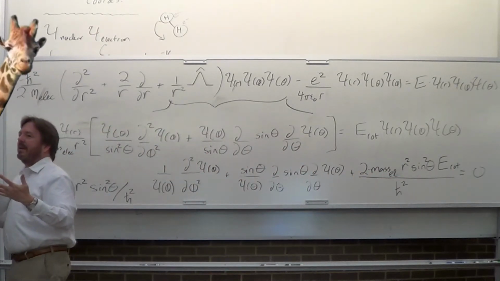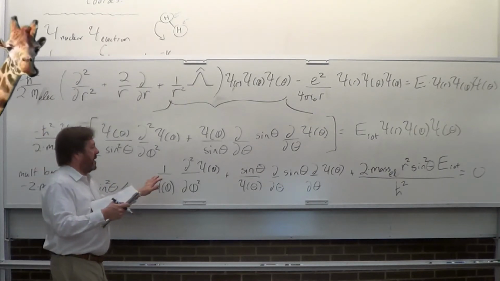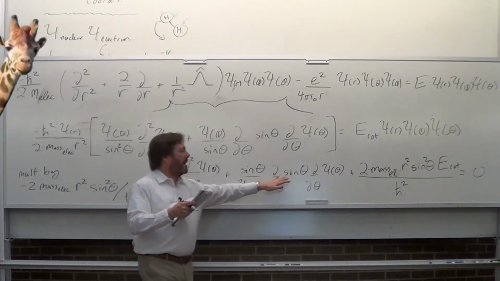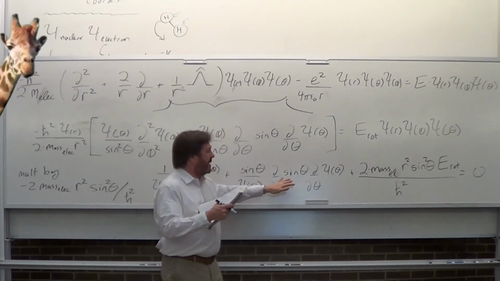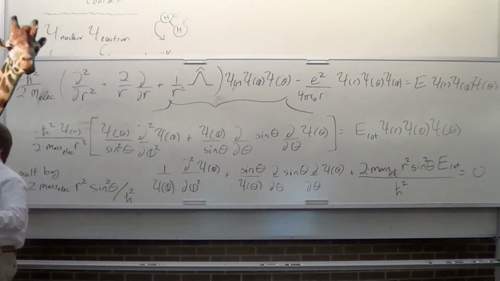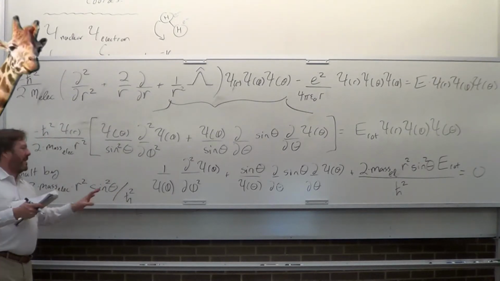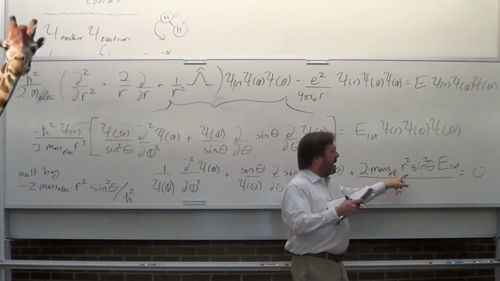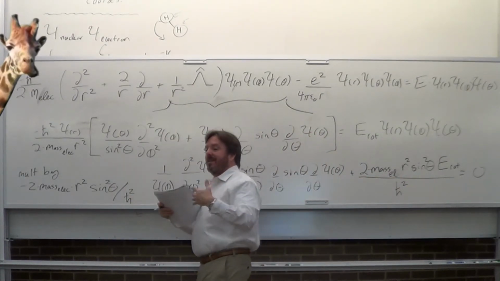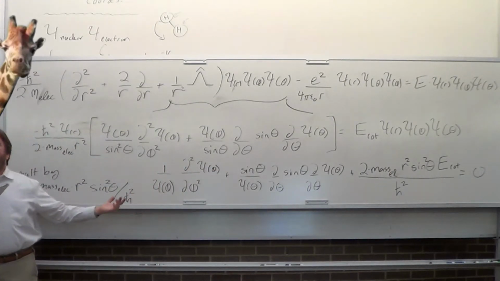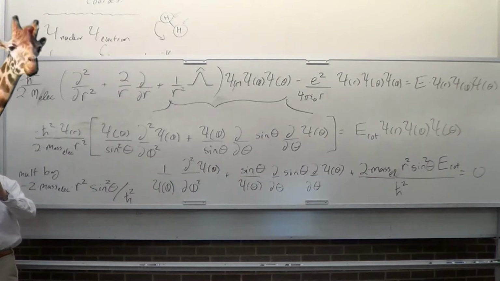Now here's another thing. If you assume separability, guess what? The wave functions are still e to the i m phi and sine theta, cosine theta, the spherical harmonics. The wave functions are the same for the 3D rigid rotor as for the hydrogen atom. And then you solve for R and plug the whole thing in, and it's all solvable.